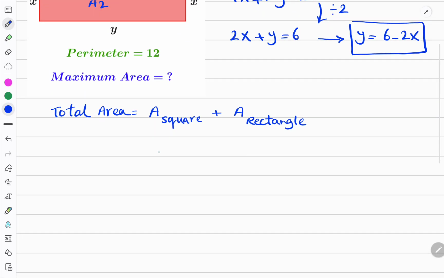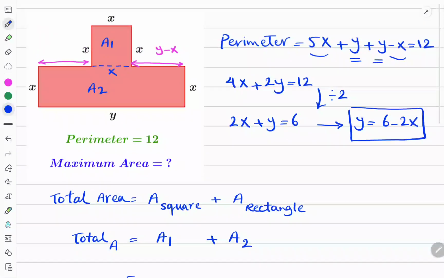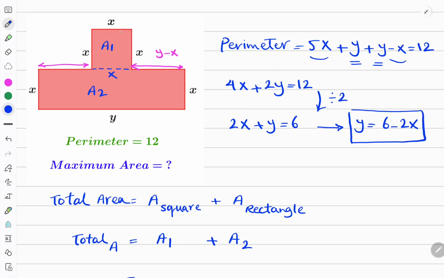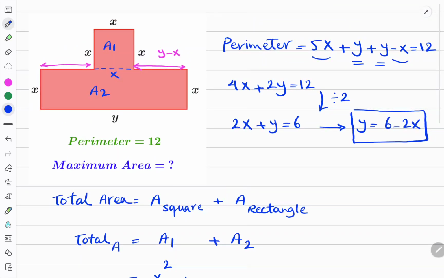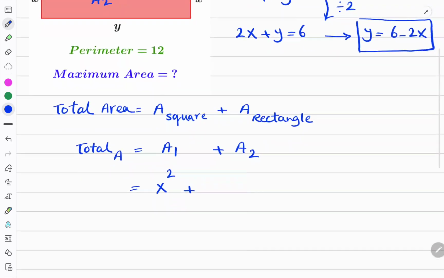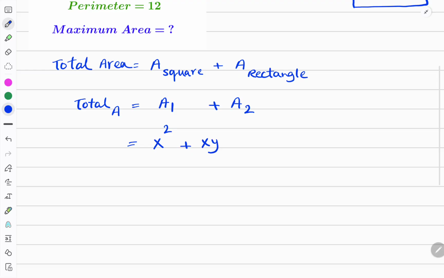A1 plus A2 gives us the total area. A1 is a square, and we know that the area of a square is x squared, the square of the length of one side. A2 is the area of this rectangle, and we just need to multiply the values x and y, width and length. So the total area is x squared plus xy.